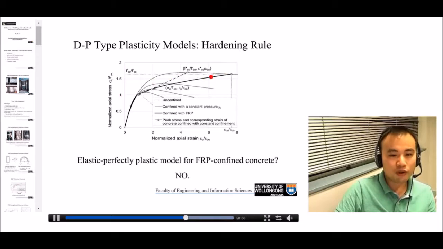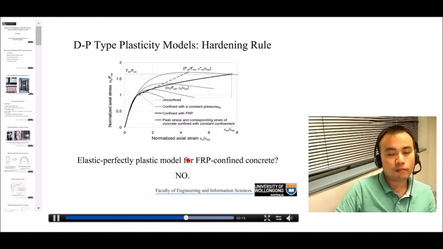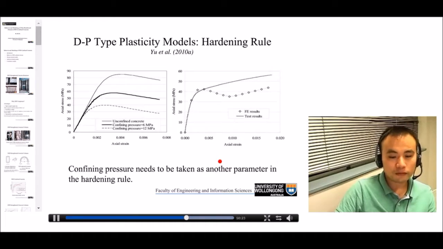Only when your FRP-confined concrete has a very stiff FRP jacket, which makes the slope of the second stage very close to this dotted curve, then your model may provide reasonable predictions, but not accurate predictions. That's the first thing.